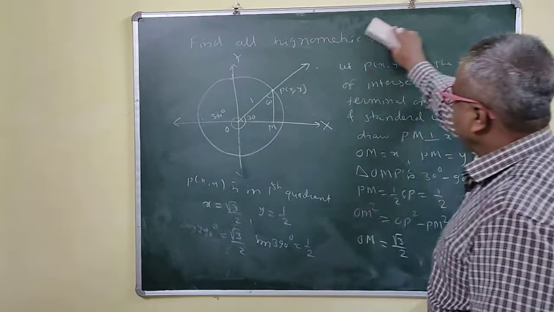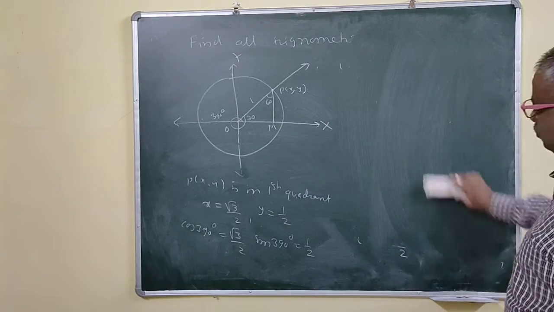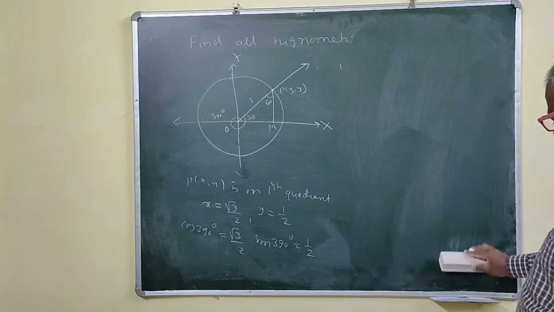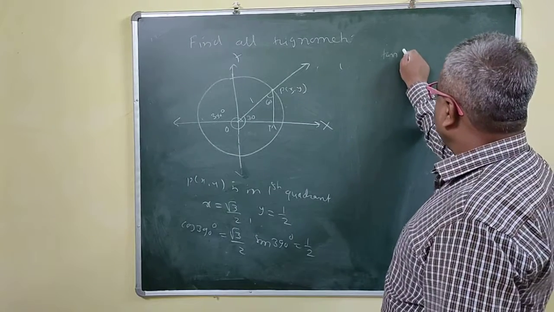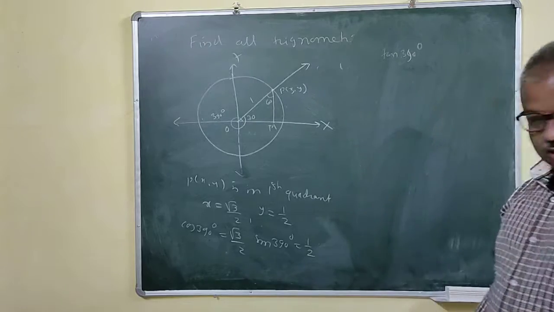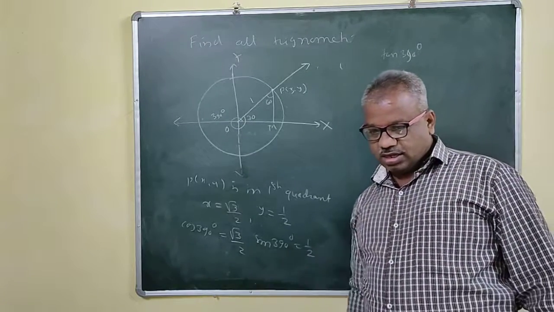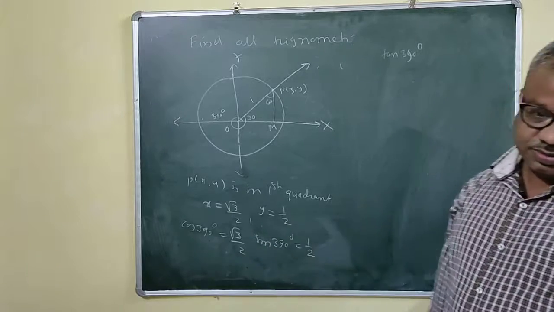Now you can find the other trigonometric ratios. Now tan 390 degree is just like tan 30 degree, the trigonometric ratio of angle 30 degree.